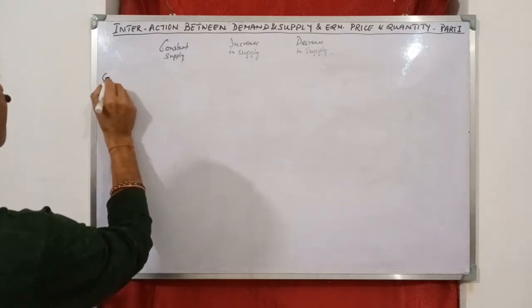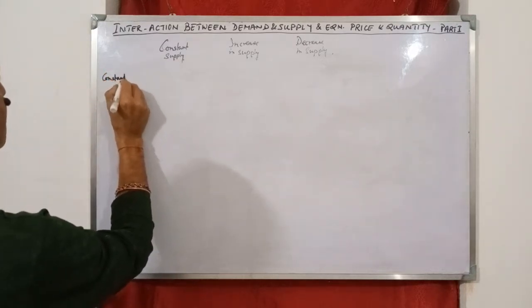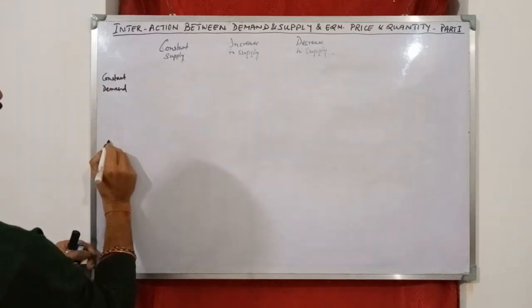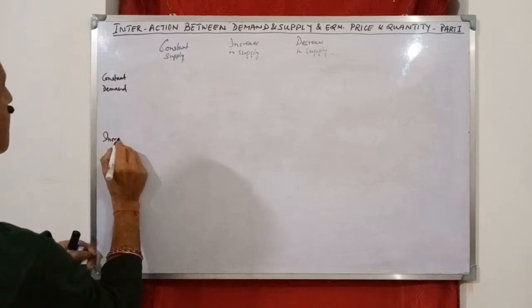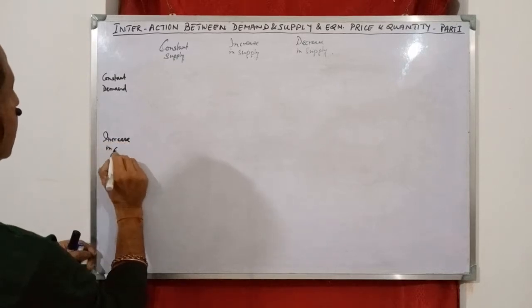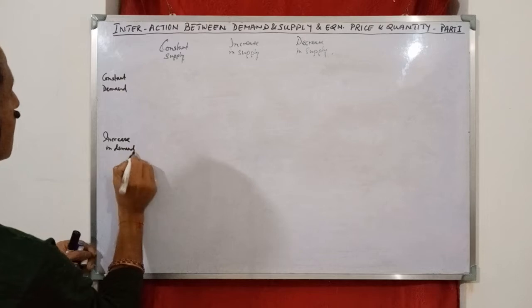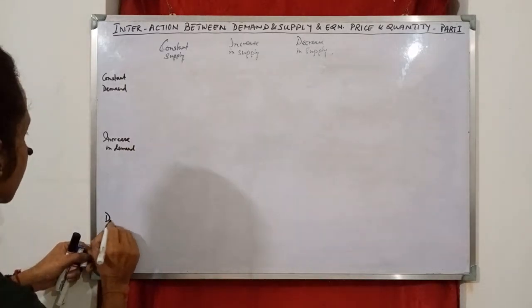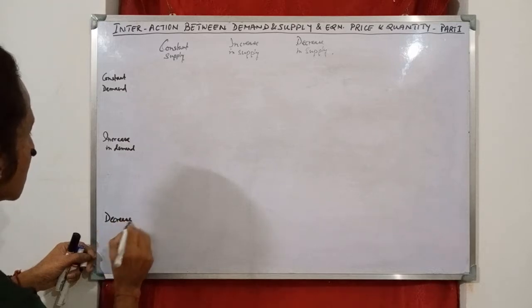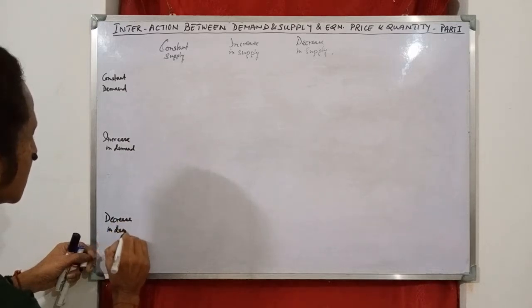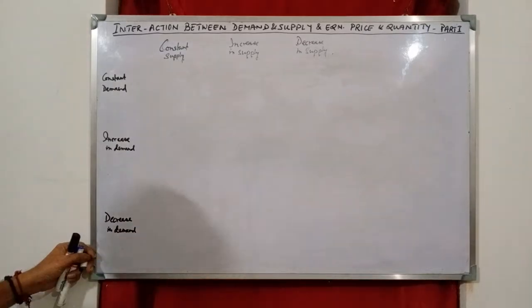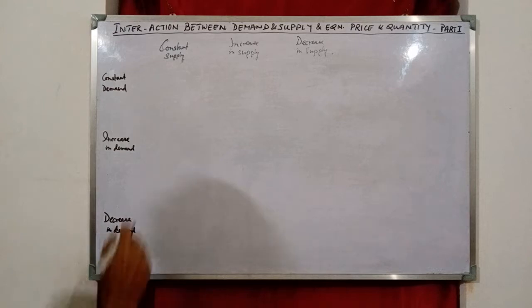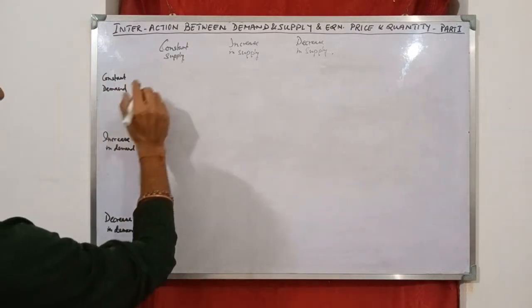Here constant demand, increase in demand and decrease in demand. So in the first interaction we get constant supply and constant demand.